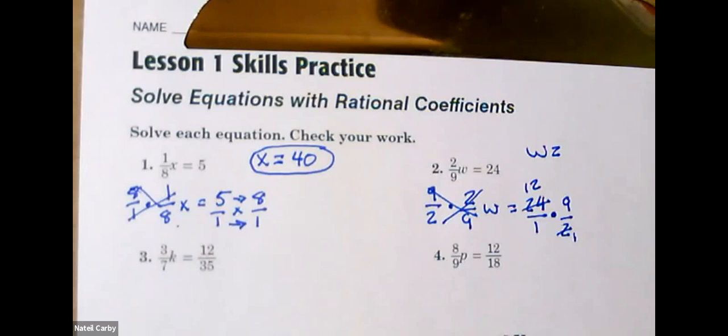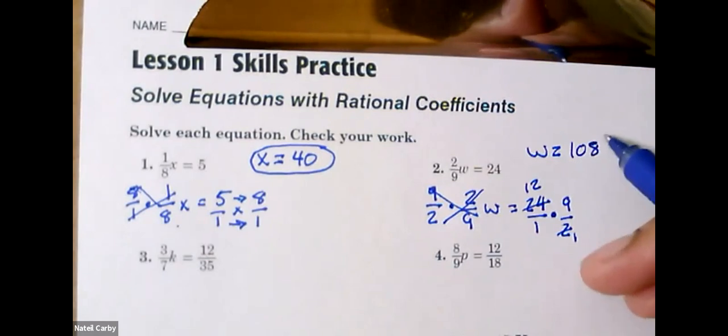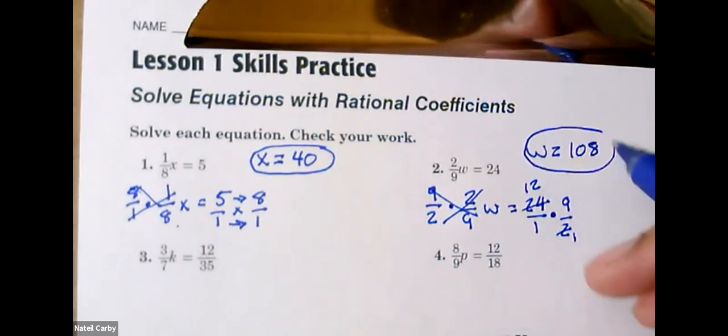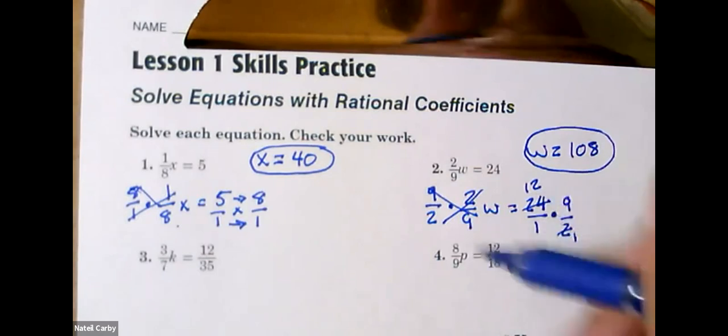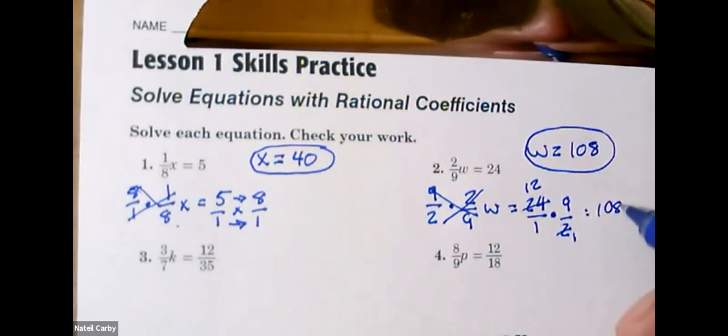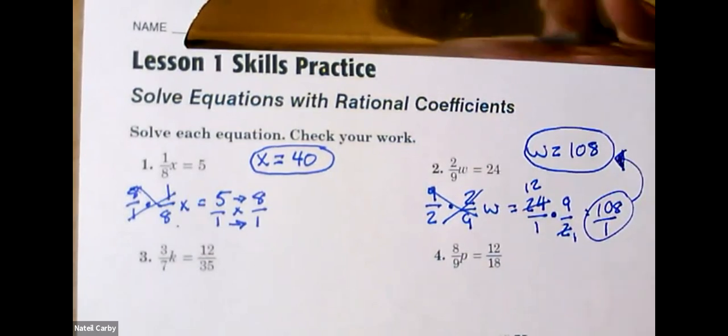No, 12 times 7 is 84. 12 times 9 is 108. And so we're going to get W is equal to 108, because again, when you're multiplying fractions, you multiply straight across and you get 108/1, which is what we have over here.